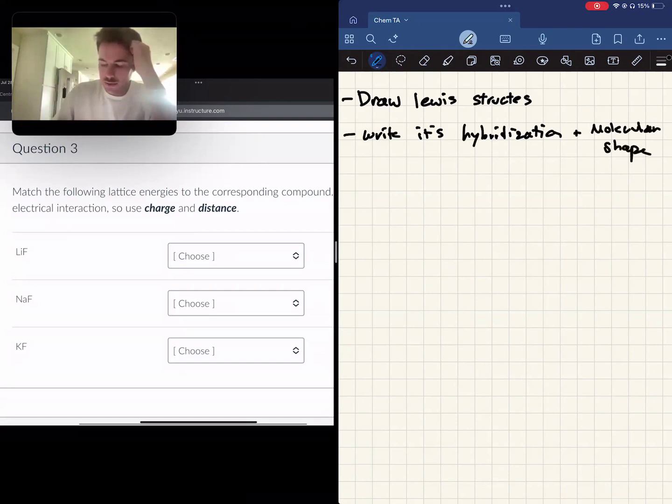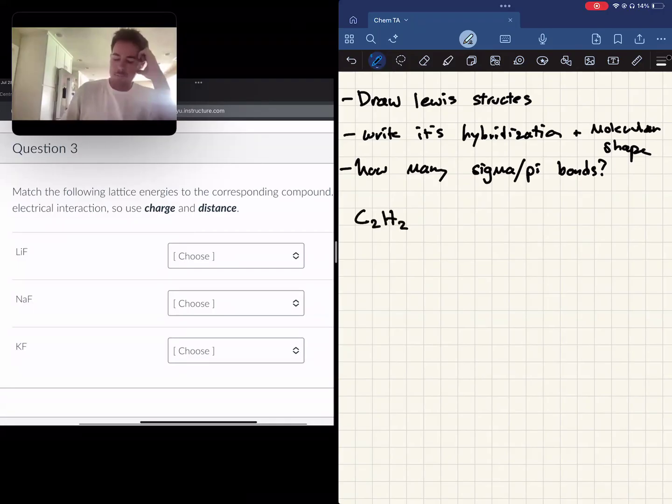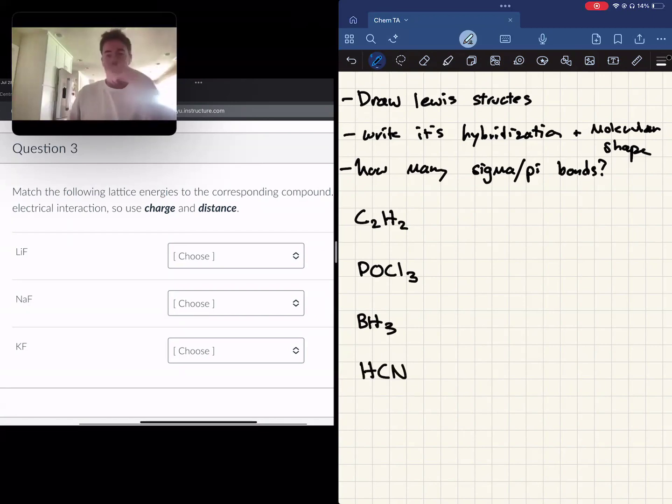And then how many sigma and pi bonds. Okay, makes sense? That's what I want you to do. So here are your compounds. I'm giving you kind of trickier ones here, but if you can do it, then I think you should feel pretty good.